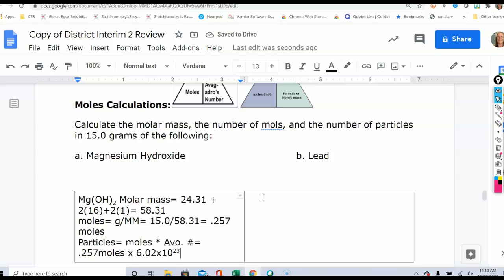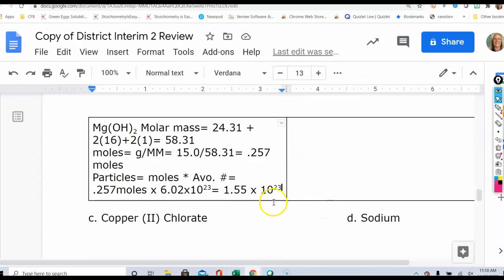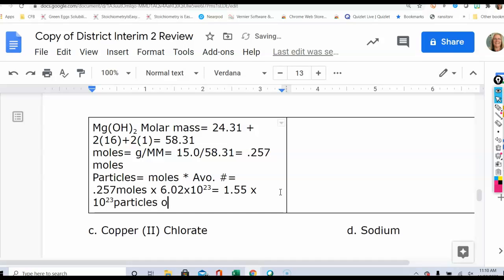My answer for this one comes out to 0.257 times 6.02, and I'm going to get 1.55 times 10 raised to the 23rd power. The unit label on this is going to be particles of MgOH2.